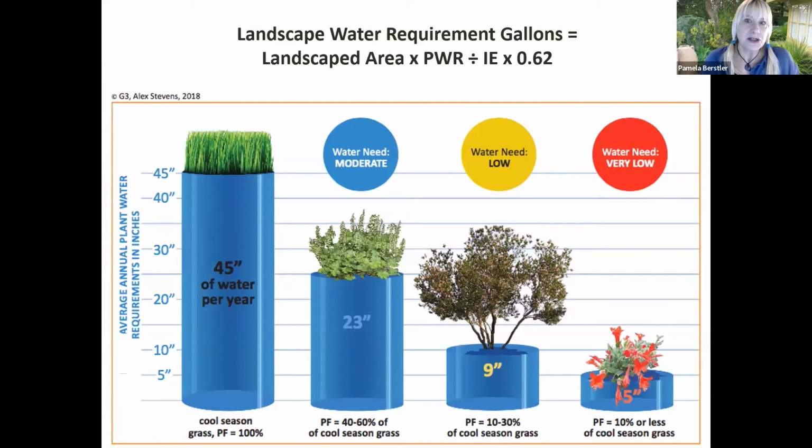So essentially, just to reiterate, we're going to switch from just looking at plant water requirement, and now we're looking at landscape water requirement. And the way that we do that is we are adding the area, multiplying that by our plant water requirement, dividing by our irrigation efficiency, multiplying by 0.62, and that tells us how many gallons a particular landscape would require.